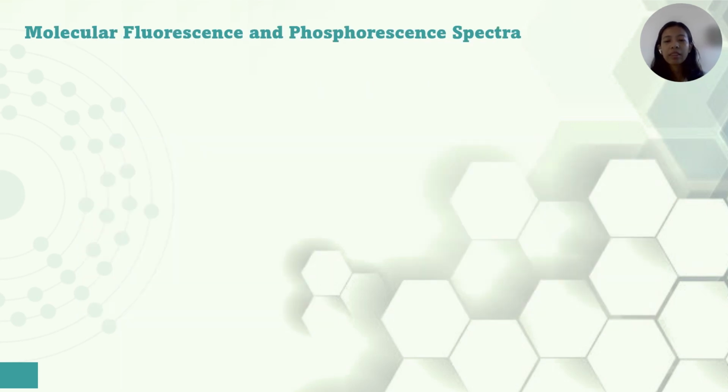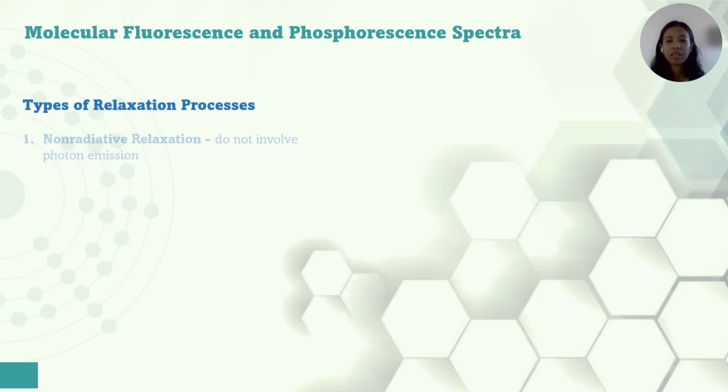Furthermore, molecular fluorescence has two important mechanisms of relaxation. These are the non-radiative relaxation or radiationless emission that does not involve photon emission, and fluorescence emission where a photon is emitted.